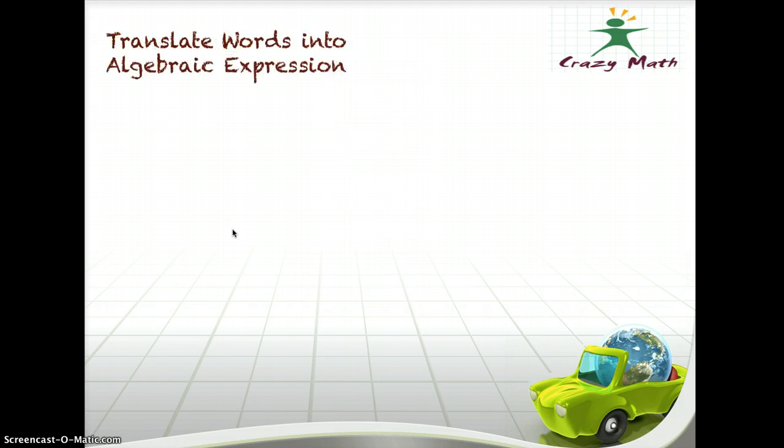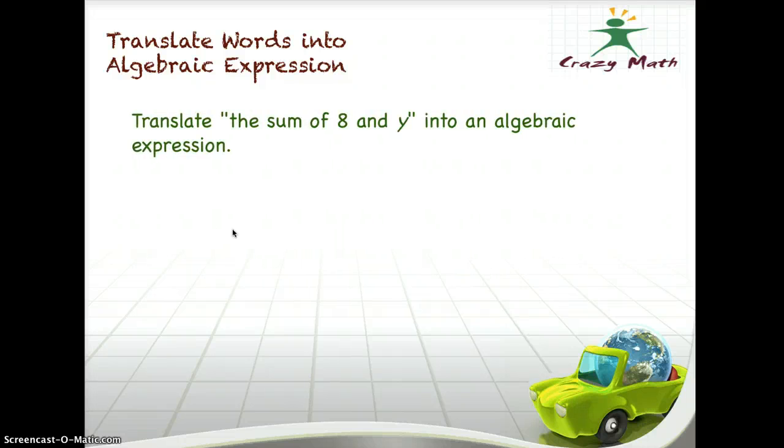Okay, let's keep going. Now let's start translating words into algebraic expressions. Here is an example. Translate the sum of 8 and y into an algebraic expression. Remember that an algebraic expression does not have the equal symbol. Just like what we've talked about, an algebraic expression is an equivalent of a phrase in your language subject.